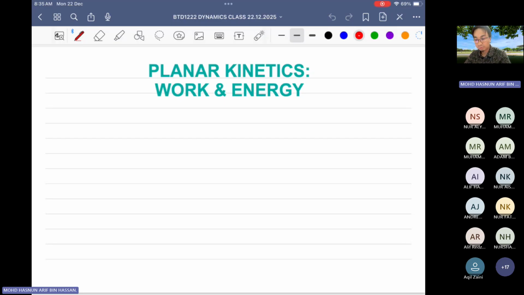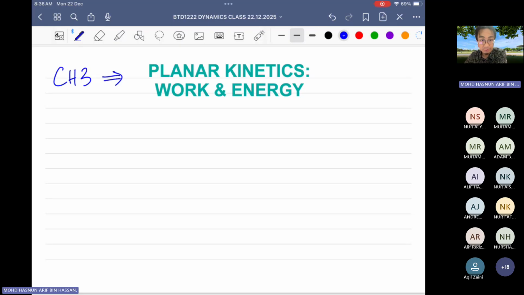Today we will continue our dynamics class. We are currently in chapter 3, which is the last chapter of dynamics. We have finished chapter 2, where we talked about force and acceleration, or basically Newton's second law of motion, F equals ma.